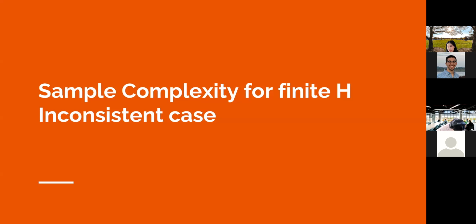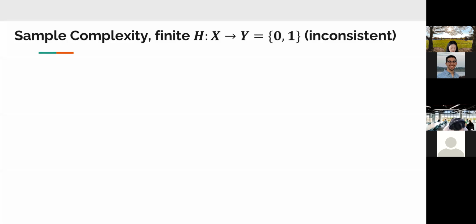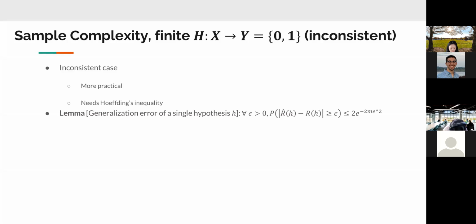The answer is yes, indeed. We do have a sample complexity characterization for finite H in the inconsistent case. The inconsistent case is more practical and it requires Hoeffding's inequality.